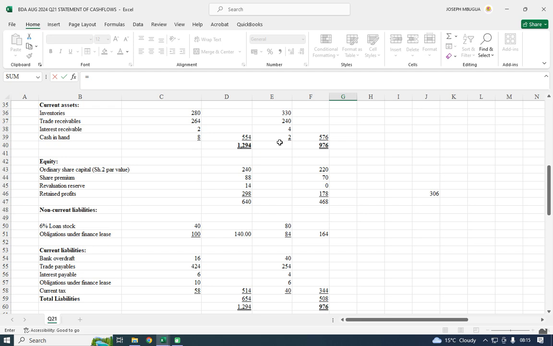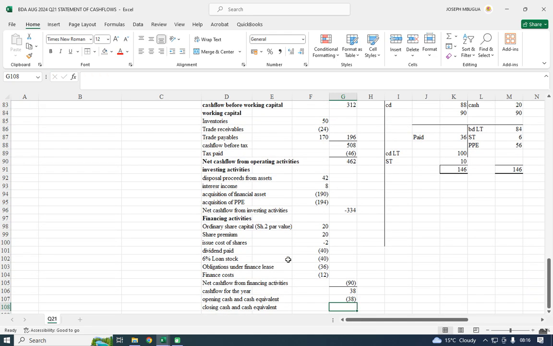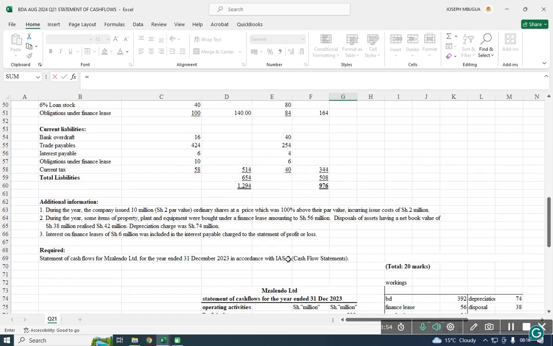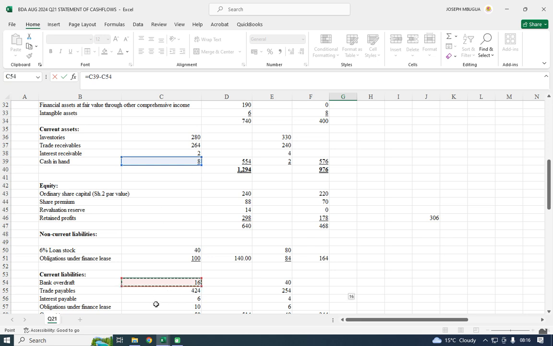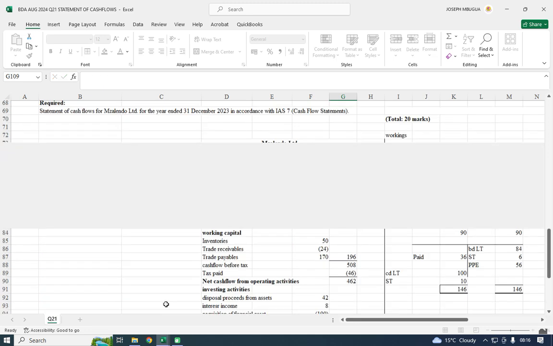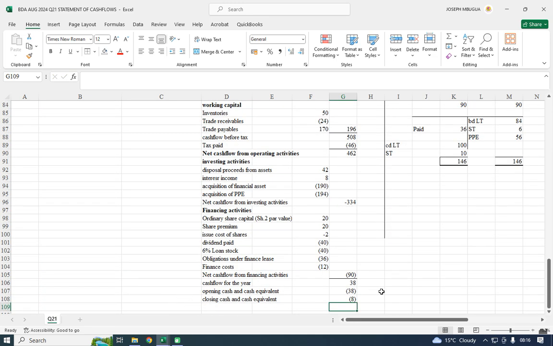So we had cash in hand and the bank overdraft, those 2. At the beginning we had 2, and we minus the overdraft of 40, which will give you a negative 38. And the closing, we had a cash of 8 and an overdraft of 16, and you'll find that we have negative 8 as our closing balance.